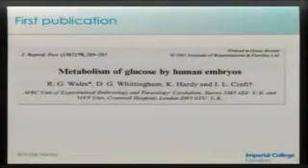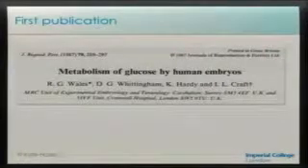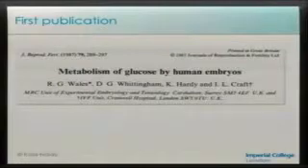And this led to a joint paper that we did on the metabolism of glucose by human embryos. And this was working in collaboration with Ian Kraft, who was then at the Cromwell Hospital. And we were very interested in what embryos did in terms of their metabolism, because then it would help develop new and better culture media.